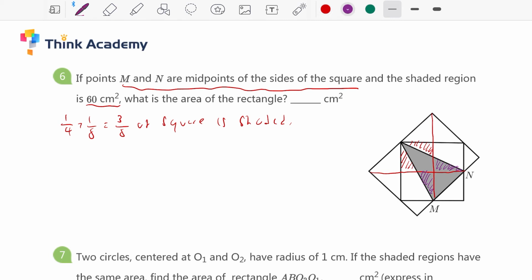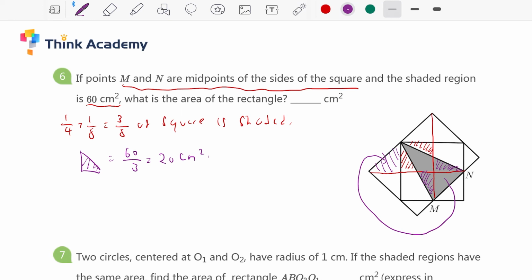Notice, how many big triangles? Which big triangles over here, how many of them are actually shaded? Because we are focused on the fact that the areas are the same for each of them. So one triangle is actually equal to 60 divided by 3, which is equal to 20 cm squared each.